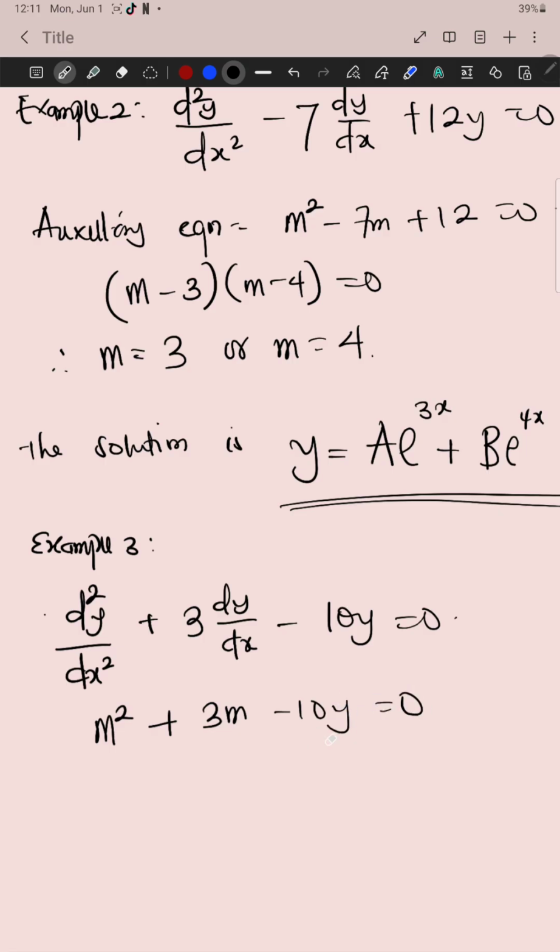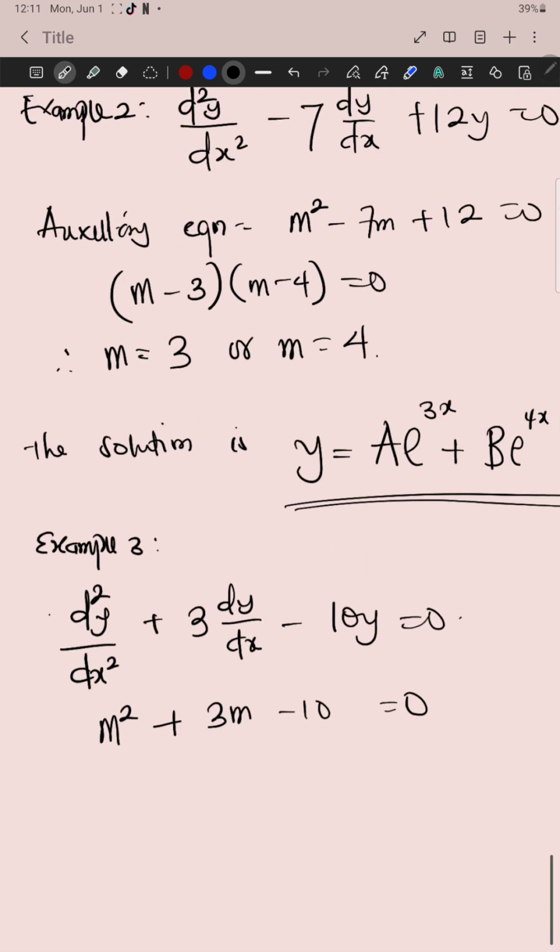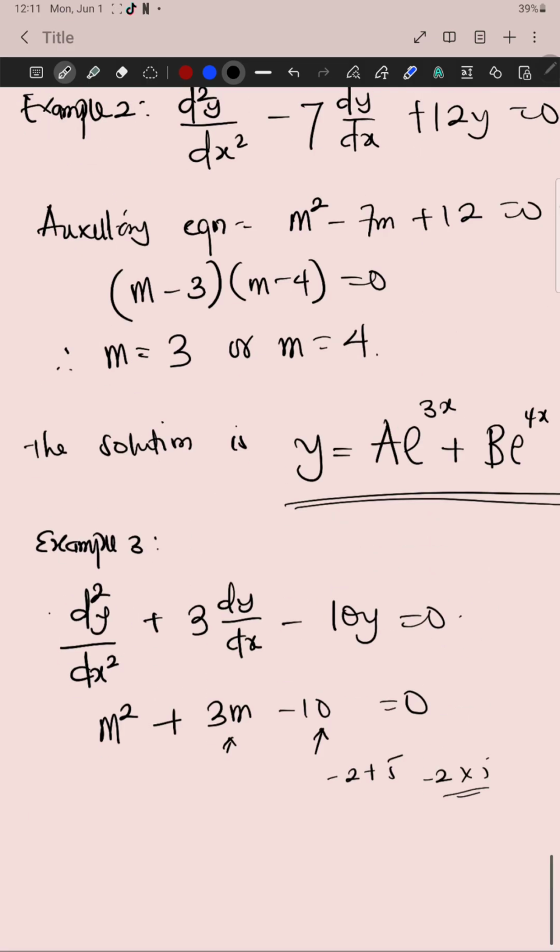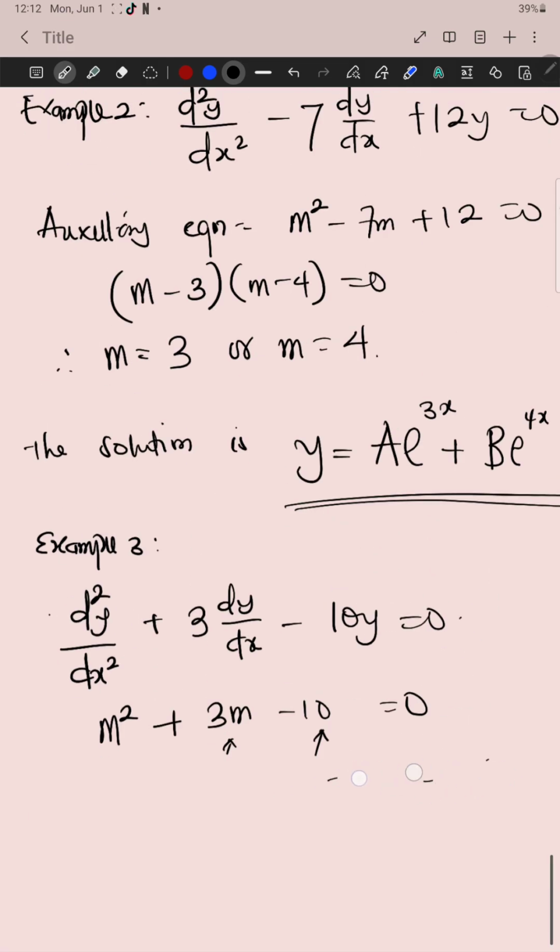Remove the y, sorry. What are the two numbers you can multiply to get minus 10 and add to get 3? So we have minus 2 plus 5 and minus 2 times 5. Minus 2 plus 5 is 3. Minus 2 times 5 is minus 10. So what we are saying is m squared minus 2m plus 5m minus 10.